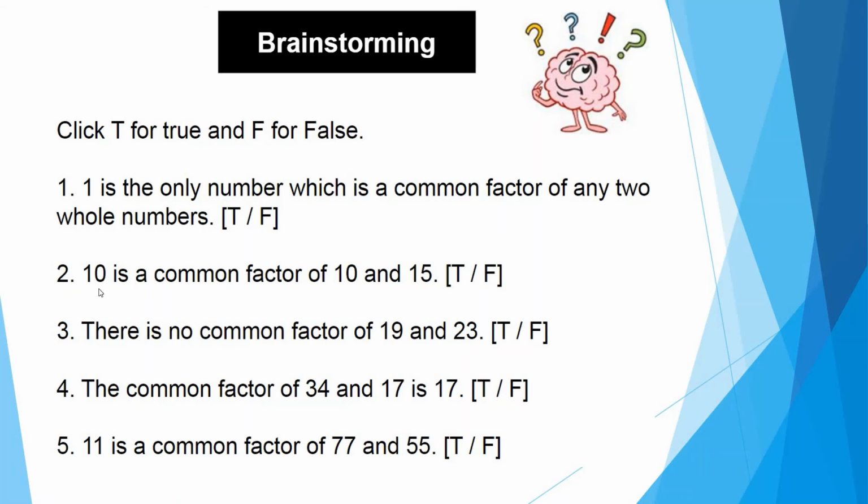Second question for you, 10 is a common factor of 10 and 15. Third question, there is no common factor of 19 and 23. Fourth question, the common factor of 34 and 17 is 17. 11 is a common factor of 77 and 55.